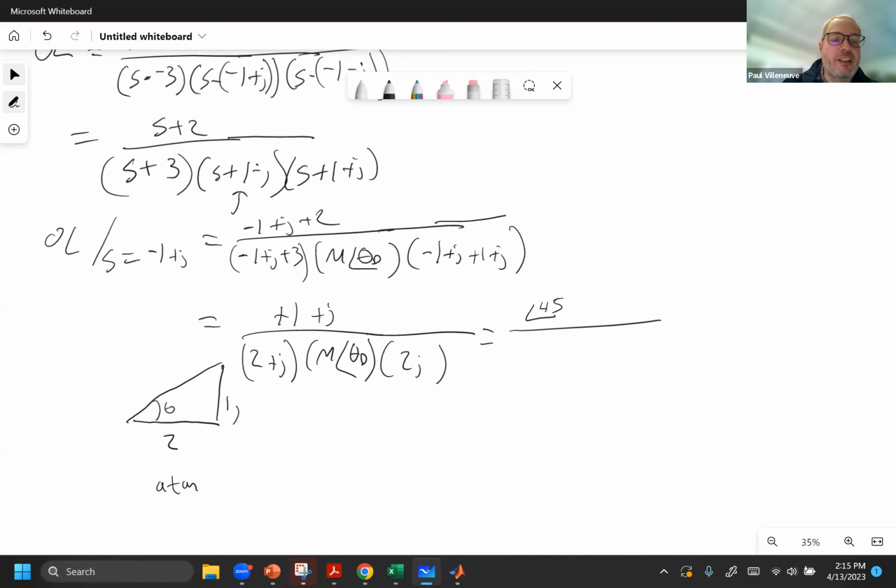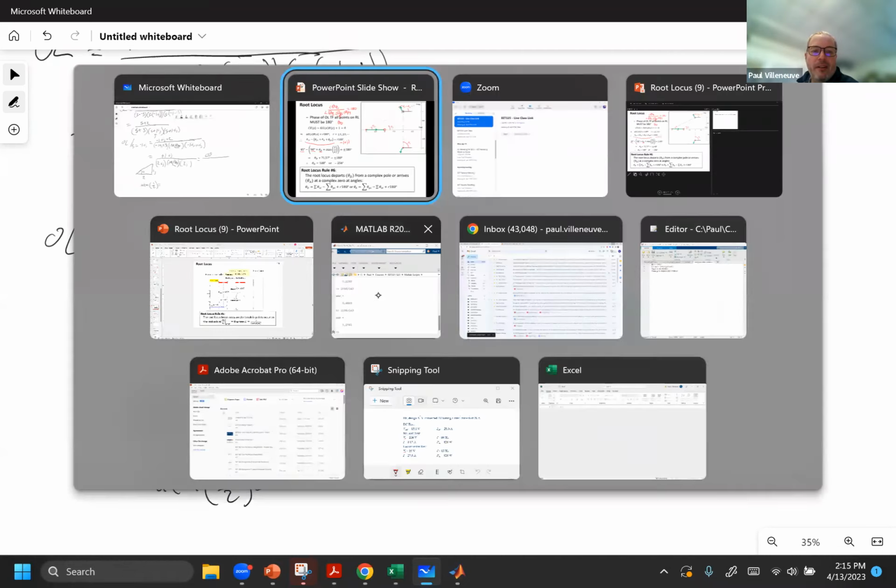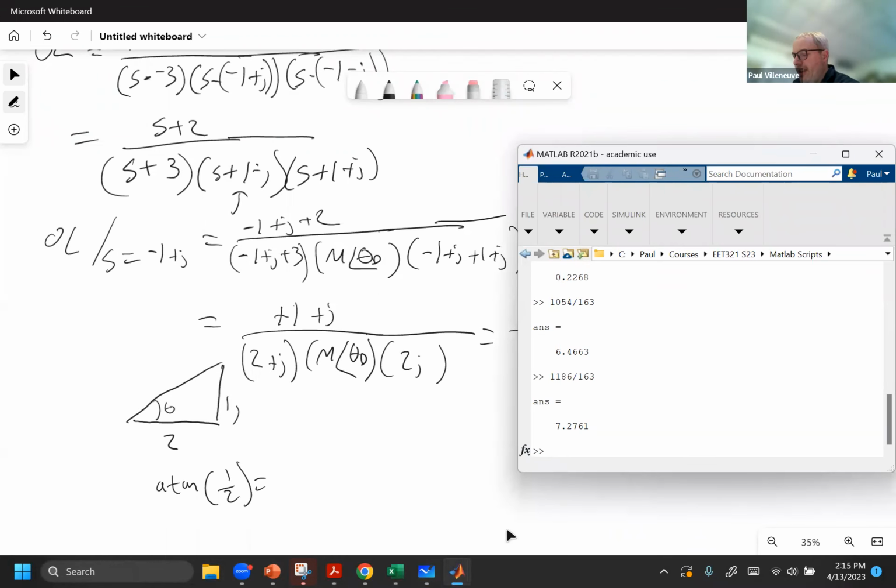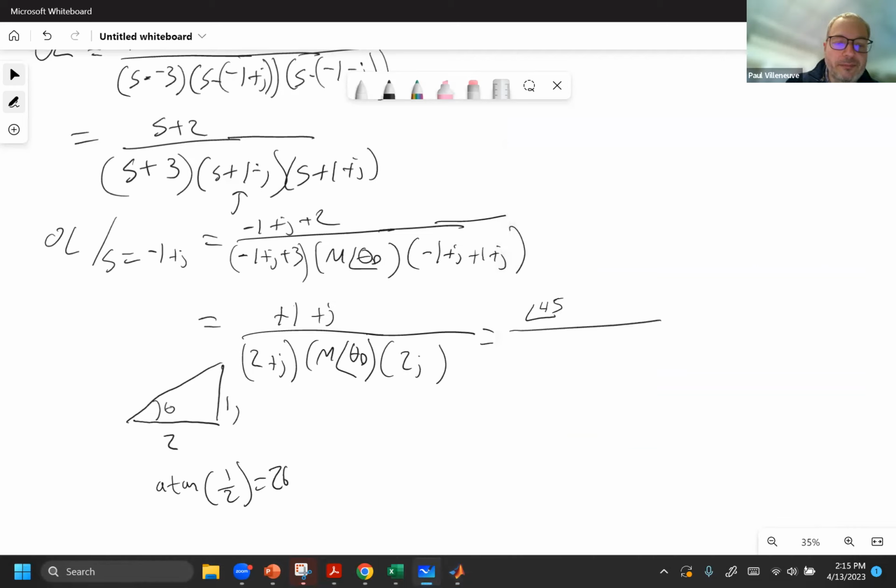The inverse tangent of 1/2, which is equal to, let's bring that up in MATLAB. So a tan of 0.5, multiply that by 180 over pi, 26.56 or 57. So that's the angle we have here.